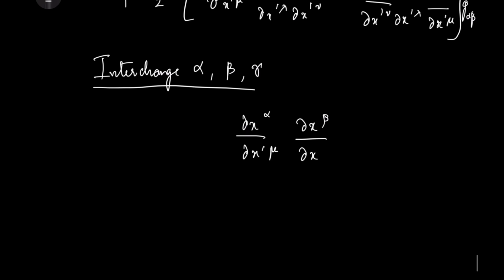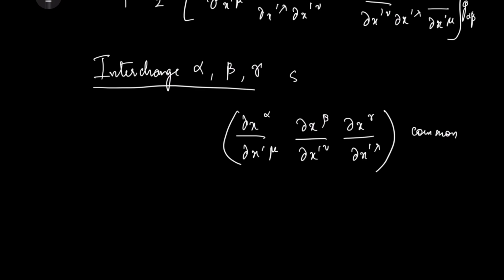So I'm interchanging alpha, beta, gamma so that I can take this quantity common. Interchange alpha, beta, gamma such that this term will become common.